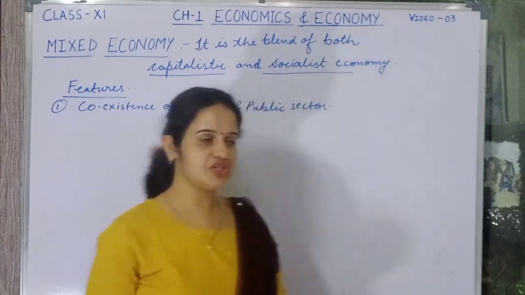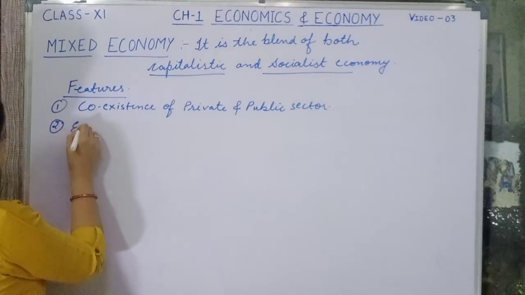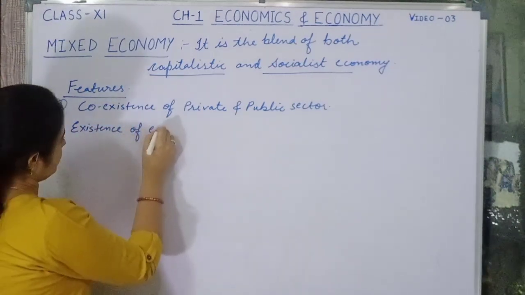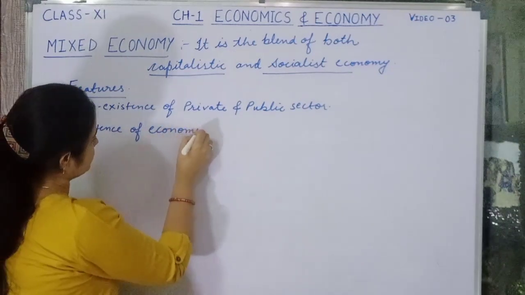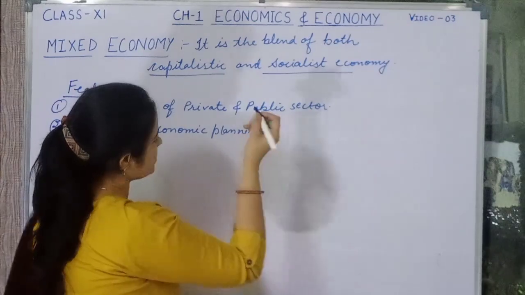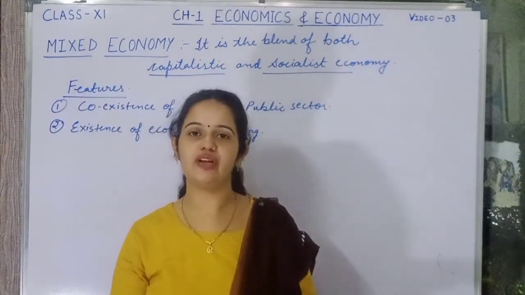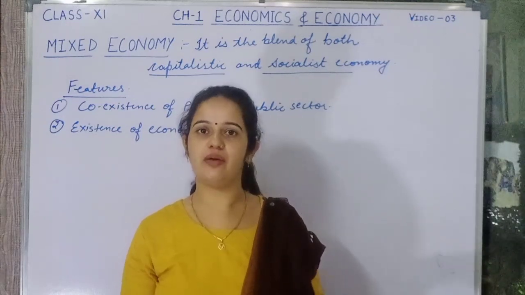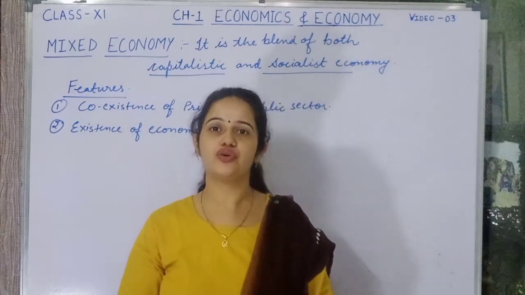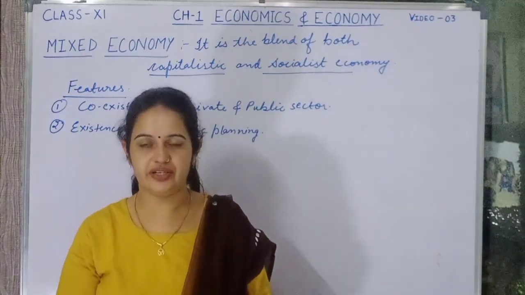Second feature is existence of economic plan. As both the sectors work together, something better will be there. Since government is also involved here, and private sector is also involved here, economic planning is implemented.